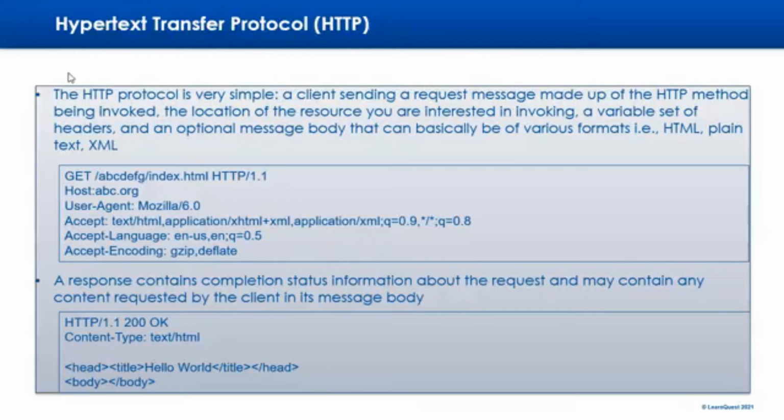Giving my locale, it will accept zipped up representations of resources for efficiency. Here's my response. It's passing back a status code of 200, which is okay. And since we favor text HTML, we are getting text HTML back. And we've got a line break, and then we have the actual body of the message coming back.